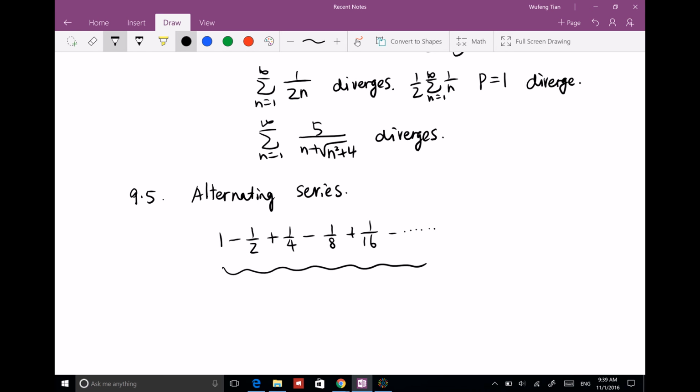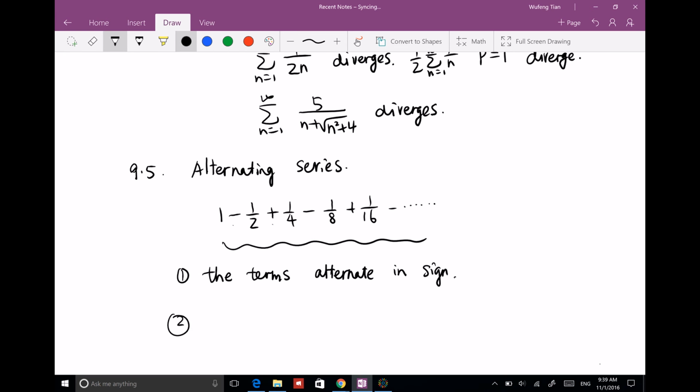Very good, perfect. First thing is the terms alternate in sign. Okay, you can see it's negative, positive, negative, positive. It's alternating in sign.